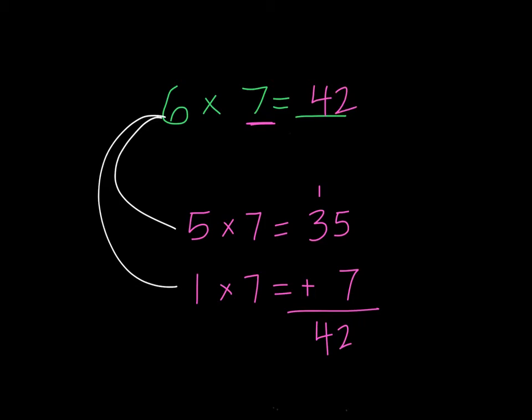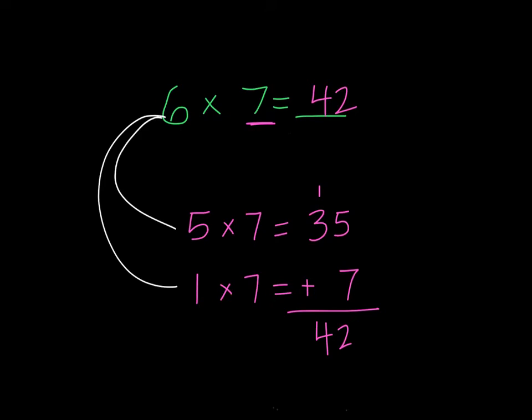So the first thing I did was break the 6 down into 5 and 1, multiplied the 7 by 5, multiplied the 7 by 1, and then added those together. Now really, if you know your ones facts, you don't have to multiply times 1.